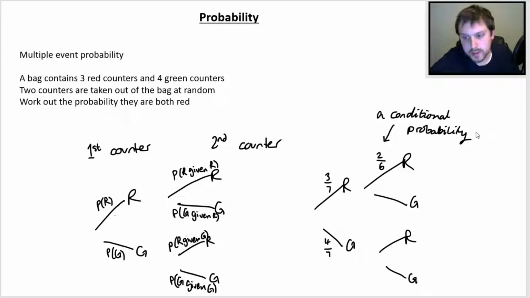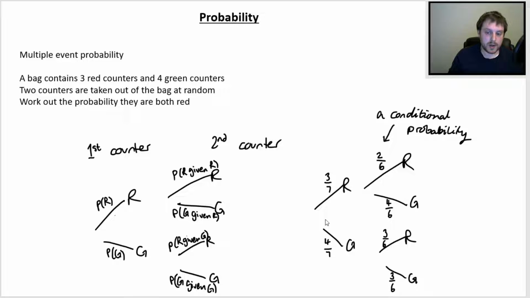It's conditional on what came before it. So this would be, of course, 4/6. This would be 3/6, and this would be 3/6. Because in this situation, we've only got 3 greens left because we took one out if we followed this path.